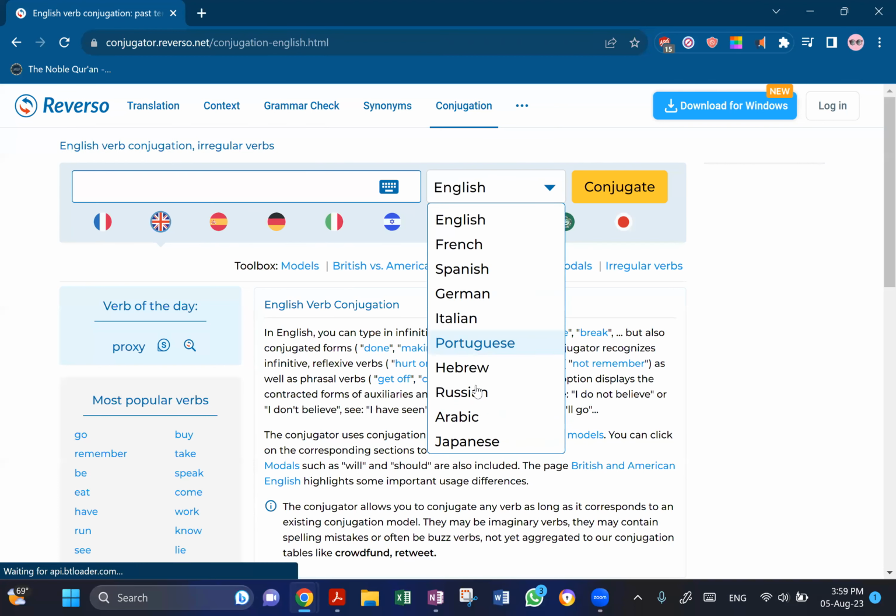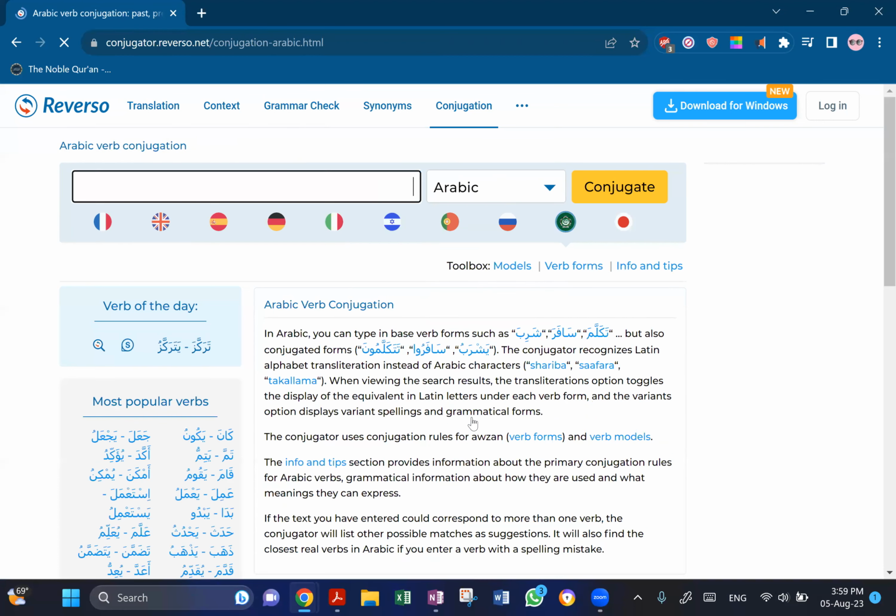So we want Arabic. If I go to Reverso, immediately it will take you to the home screen. When it takes you to the home screen, you have to go to conjugation because we want to do sarf. So you go to conjugation, which takes you to the conjugator. You select the language, Arabic, and then you write the Madi. Here you have to write the Madi version of it. So we're going to write Adina. And then it gives you options.